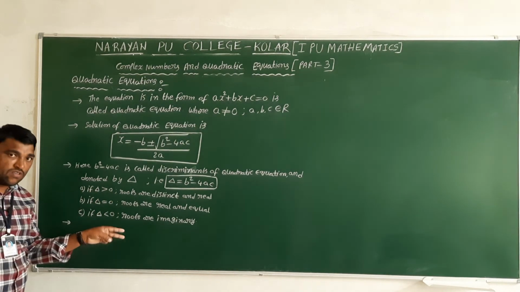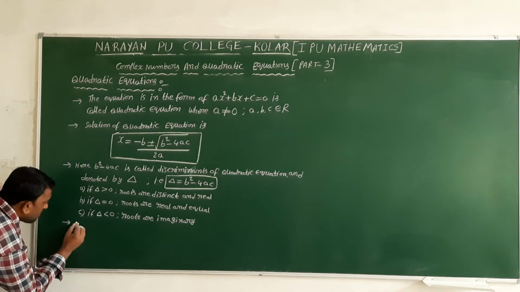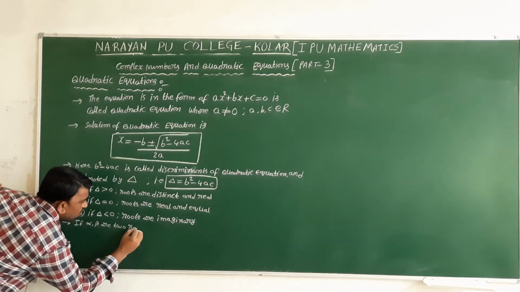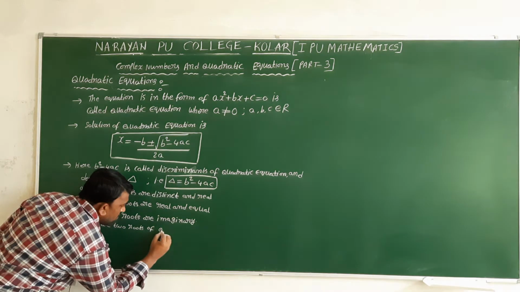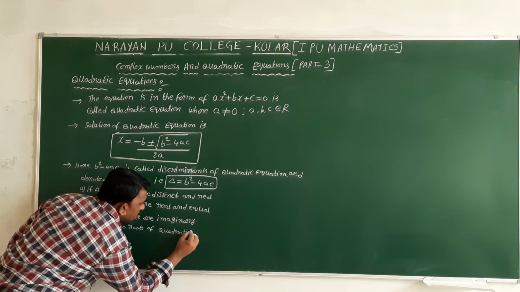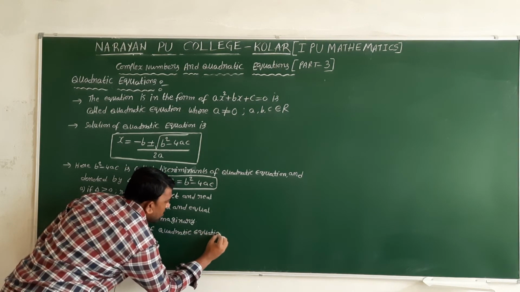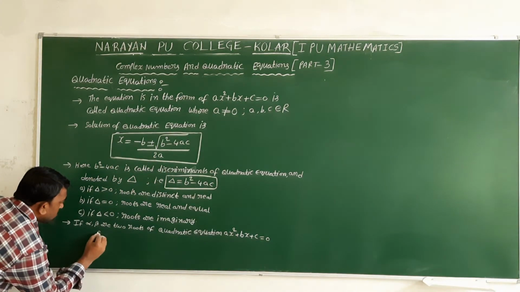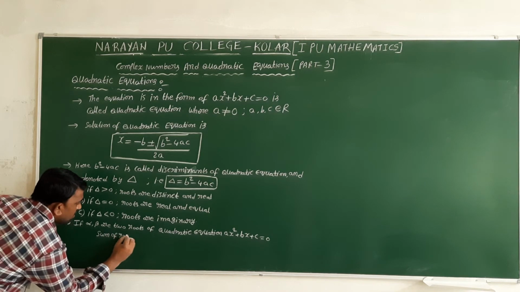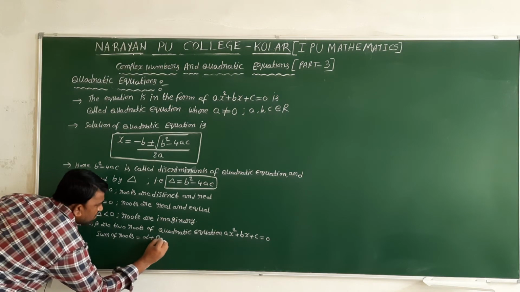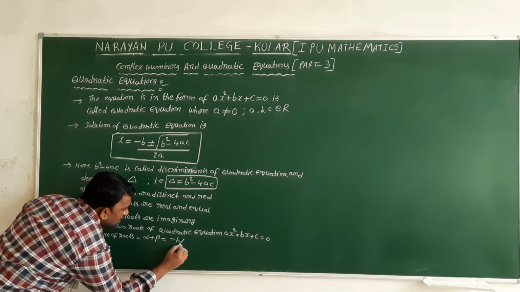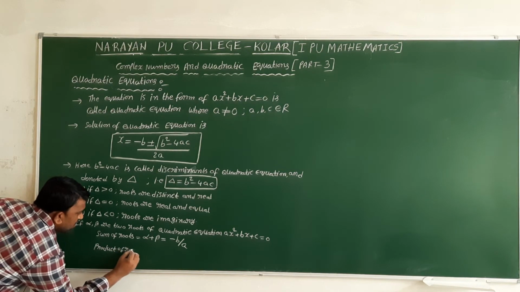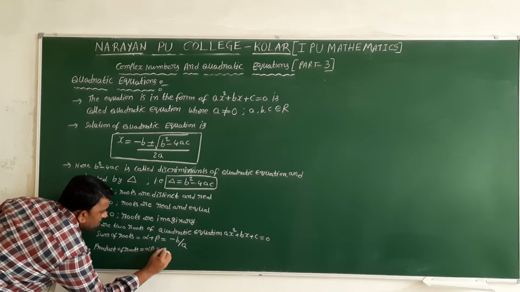If alpha comma beta are the two roots of the quadratic equation ax square plus bx plus c, then the sum of roots alpha plus beta is minus b by a, and the product of roots is c by a.